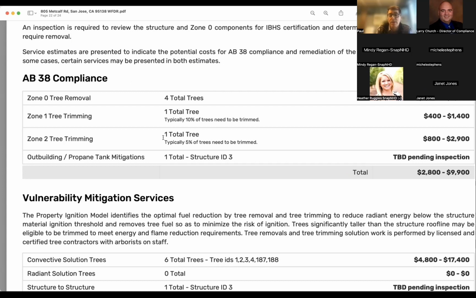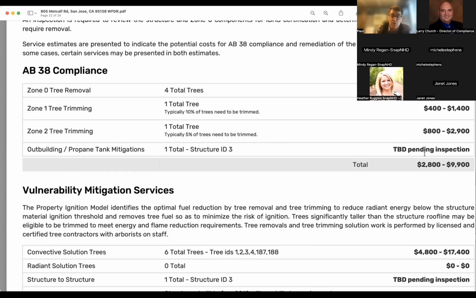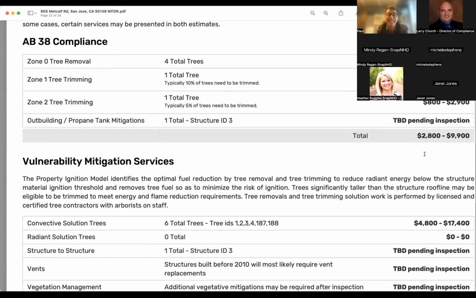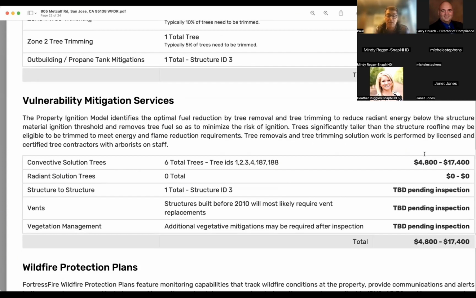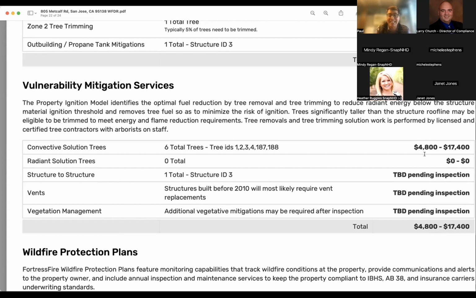If you remember, we identified 6 or 7 trees in zone 2. These are the costs based on 1 or 2 trees only needing remediation. So these cost estimates are very, very conservative. Again, they're meant to be an indication of the potential costs, not an exact quote of the costs.